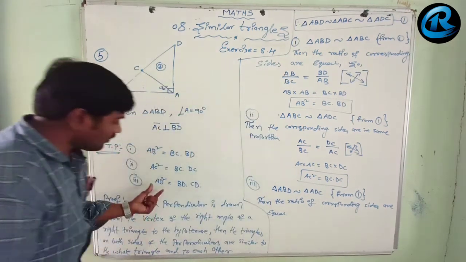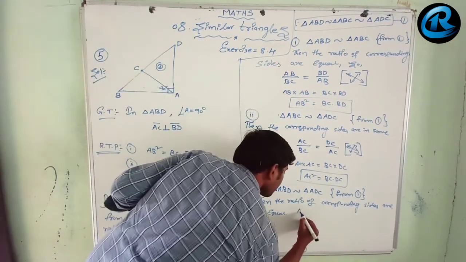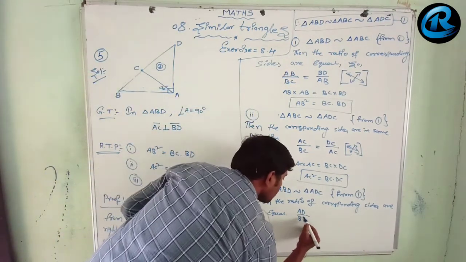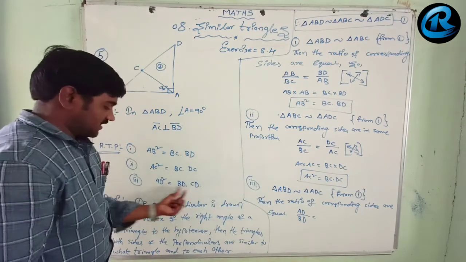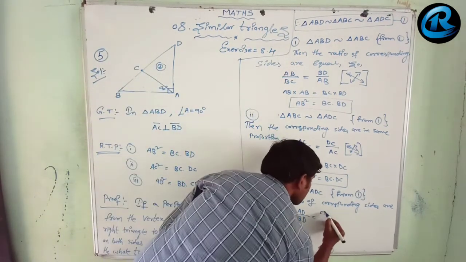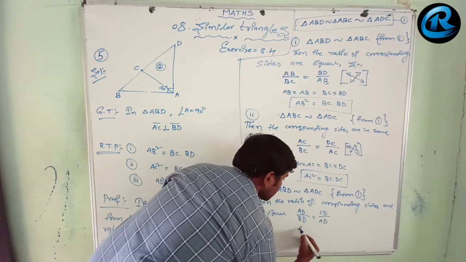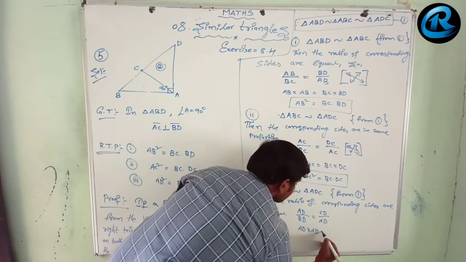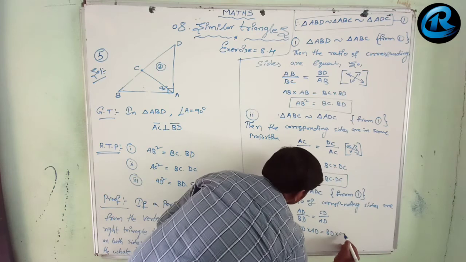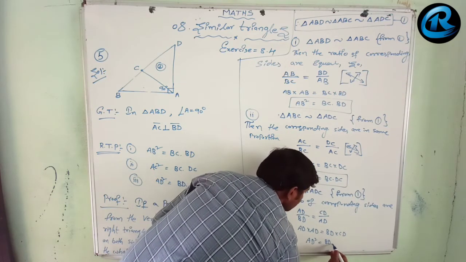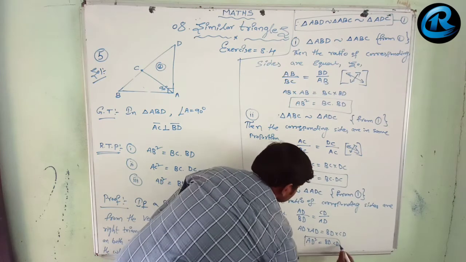So what can we write now? AD by BD equals CD by AD. Now do the cross multiplication. AD into AD equals BD into CD. AD square equals BD into CD.